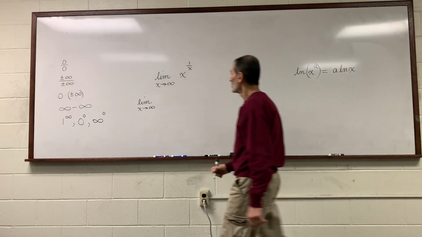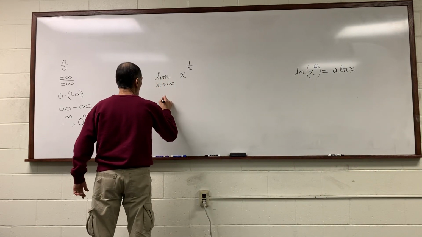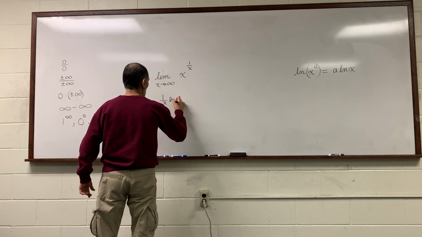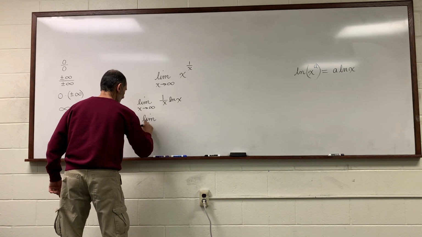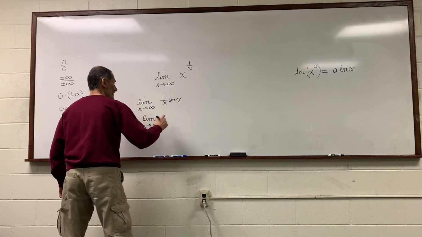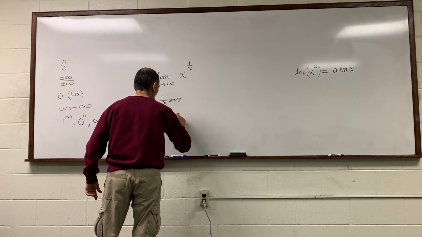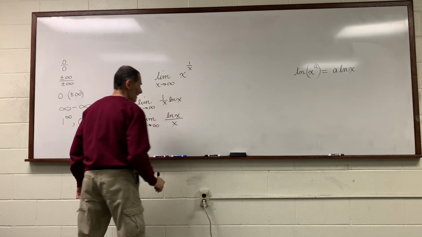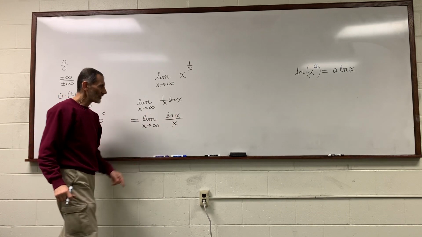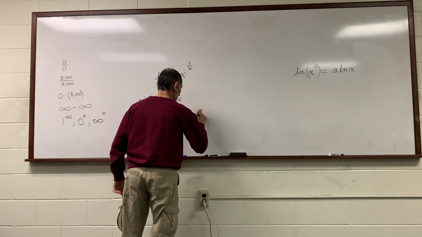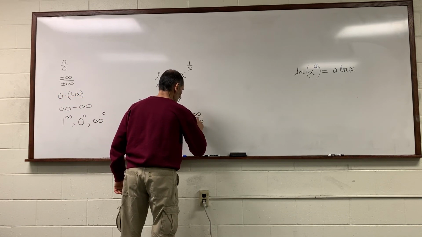So, the log of this expression is 1 over x ln x, which we will write as ln x over x. And we plug in infinite value here, and we get infinity over infinity.